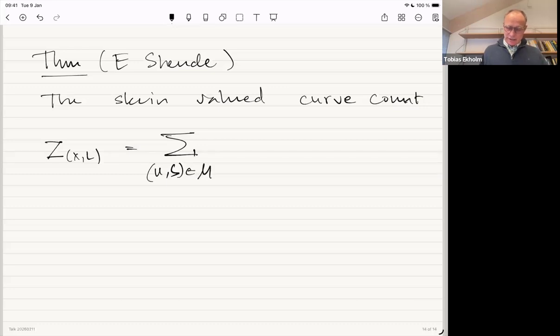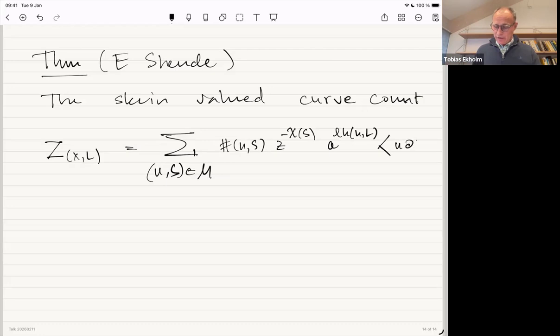And then I take this number, which is some transversely cut out orbifold thing, so it's some rational number, times Z to the minus Euler characteristic of S, A to the linking of U and L, and then take the boundary of S thought of as an element in the skein. So this whole thing lives inside the skein of L, or actually some completion, and is invariant.